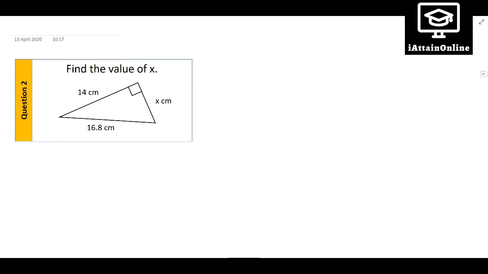You still need to start by seeing where the right angle is, and then saying that this side here is the hypotenuse. So when I label it using my formula c squared equals a squared plus b squared, the hypotenuse has to be c, and then it doesn't matter which way round the a's and the b's go.